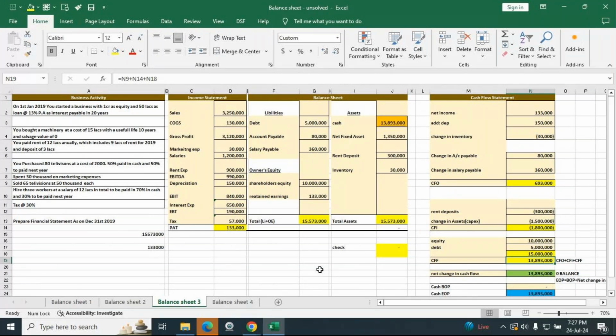If you are having any doubts, girls, you need not hesitate. So try it out. If you still find that you are not understanding any point, tomorrow I'll explain it once again. We'll do balance sheet 3 and then we will go with balance sheet 4. Clear?